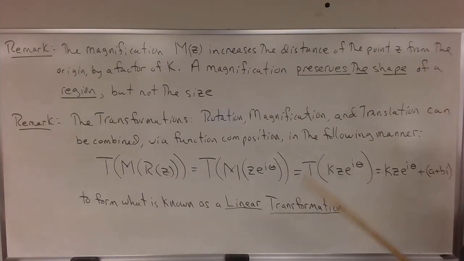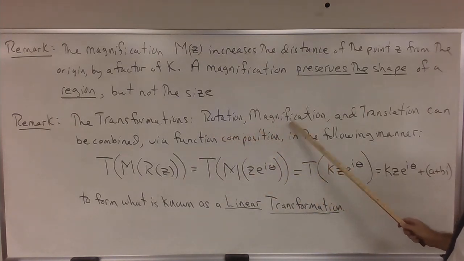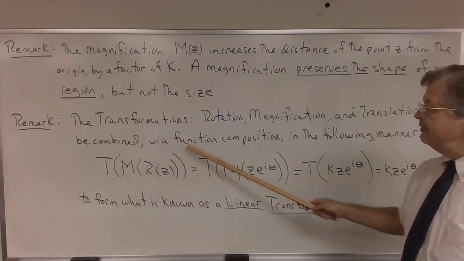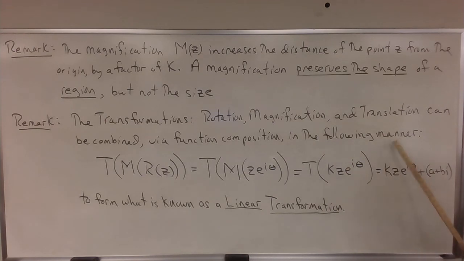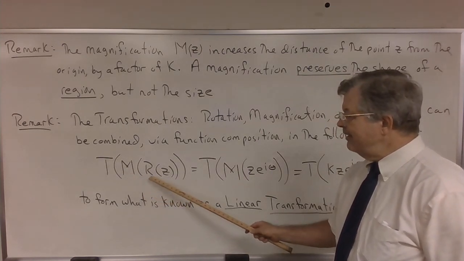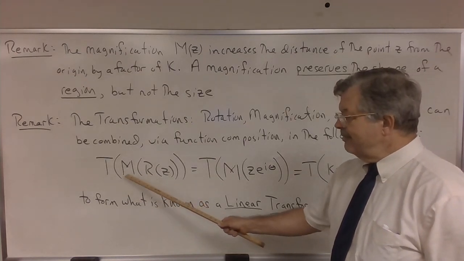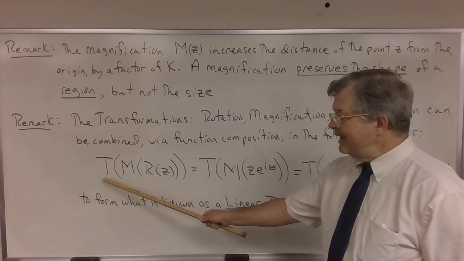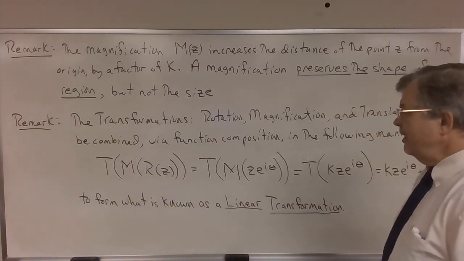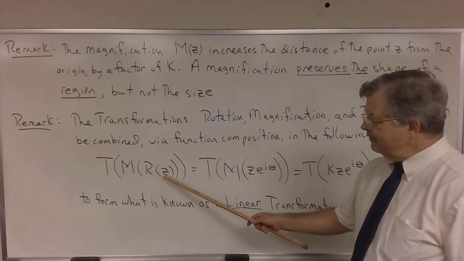Now here's a remark, and this is important. The transformations rotation, magnification, and translation can be combined by means of function composition in the following manner. We have a translation evaluated at a magnification, evaluated at a rotation, which means we do the rotation first, the magnification second, the translation last. Well, let's see. What does a rotation do to a complex number z?